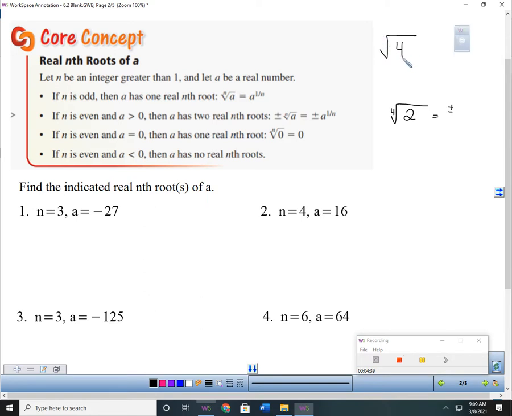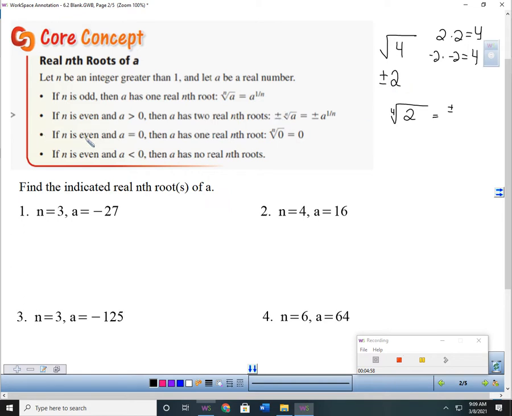So if I ask you what the square root of 4 is, that means what number times itself equals 4? Well, 2 times 2 equals 4, correct? But negative 2 times negative 2 also equals 4. So I actually have 2 answers, a positive 2 and a negative 2. That's why we have the plus and the minus.